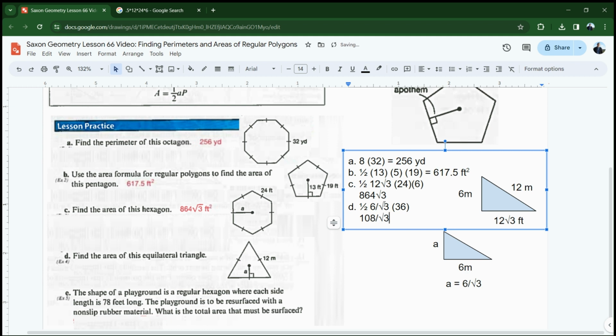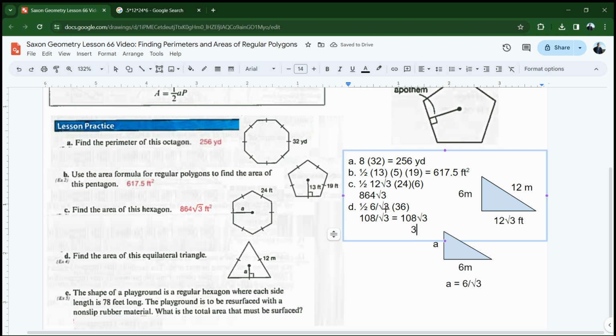But I can't have a square root in my denominator. So I'm going to multiply this fraction by the square root of 3 over the square root of 3. That gives me 108 times the square root of 3, all divided by 3.